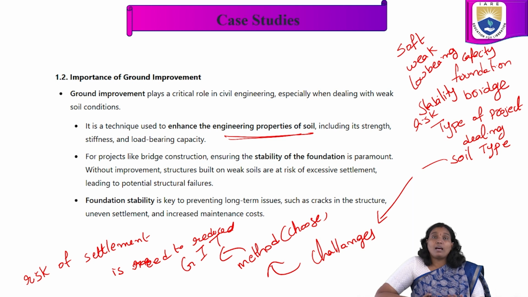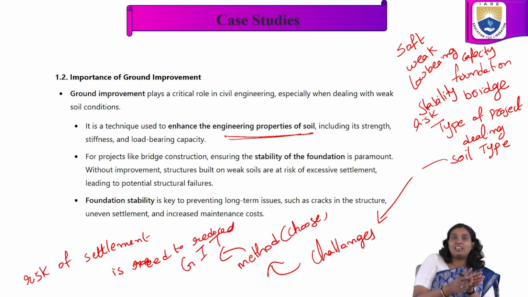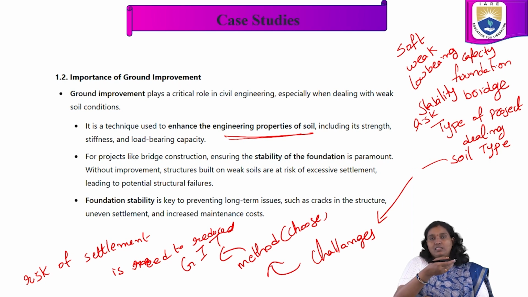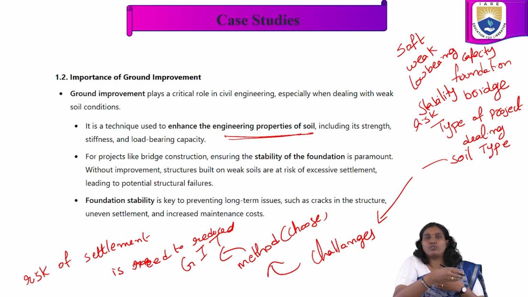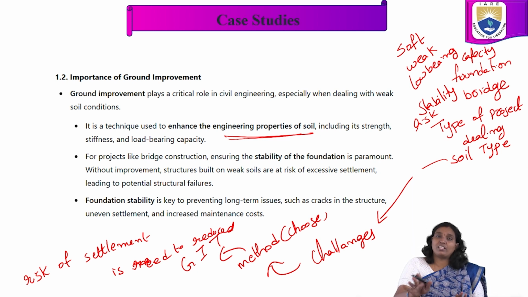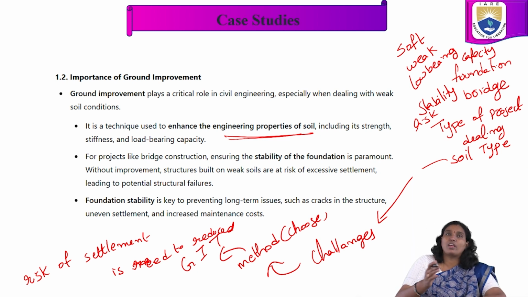So based on the project type and the type of soil, we are going to choose the particular method that gives the best results in terms of sustainability. It reduces the challenges, so that we are not going to face those kinds of challenges after the construction.